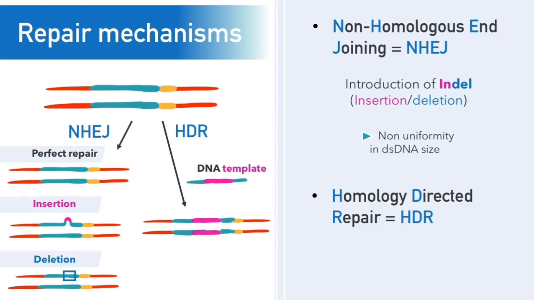The template guides the repair process, and it lowers the possibility of errors. And since there is no insertion or deletion of nucleotide sequences, the HDR pathway maintains uniformity in the size of the resulting dsDNA, unlike NHEJ. So the molecular mechanism of CRISPR genome editing technology sounds really simple, right?